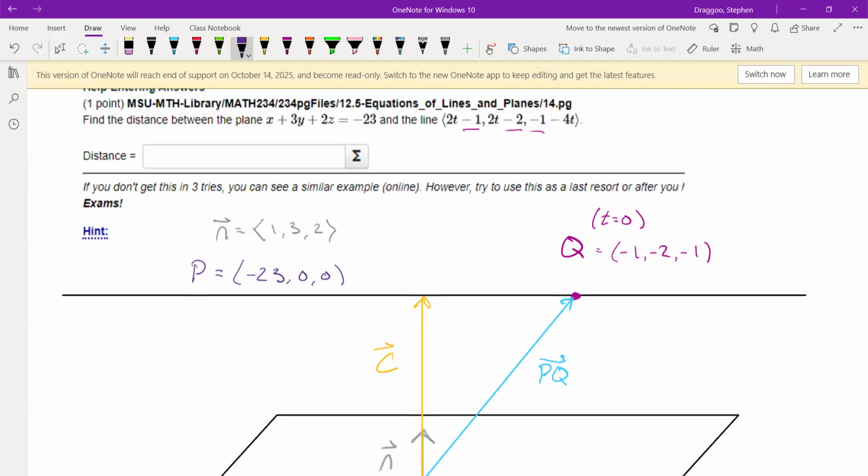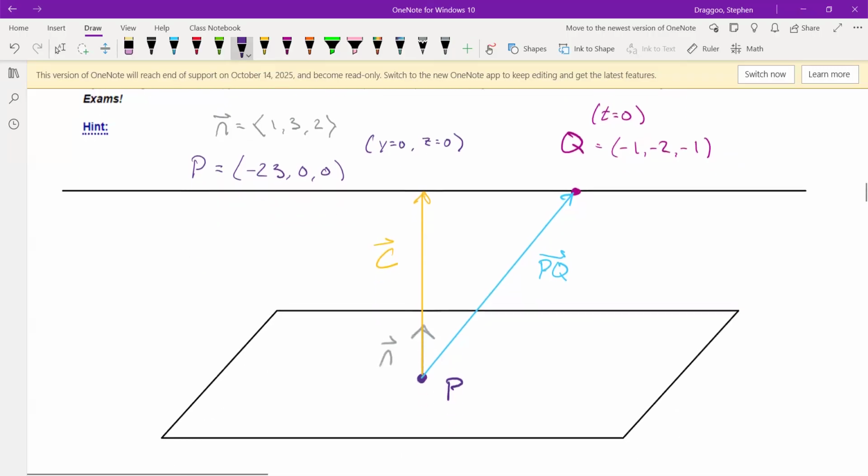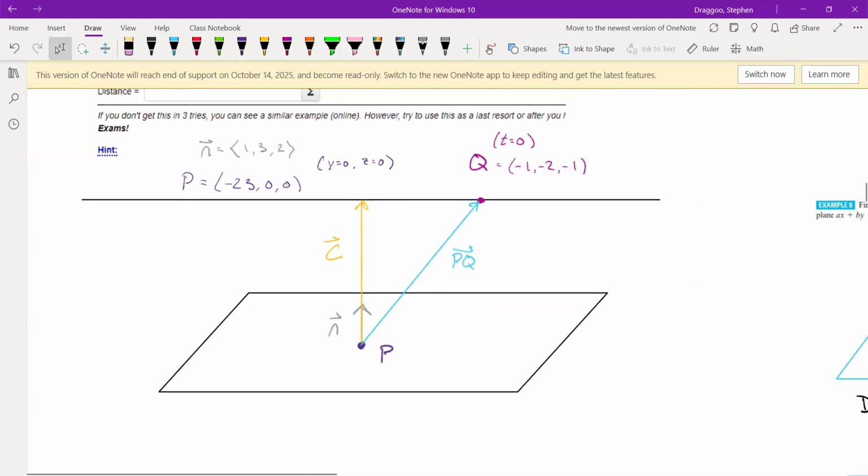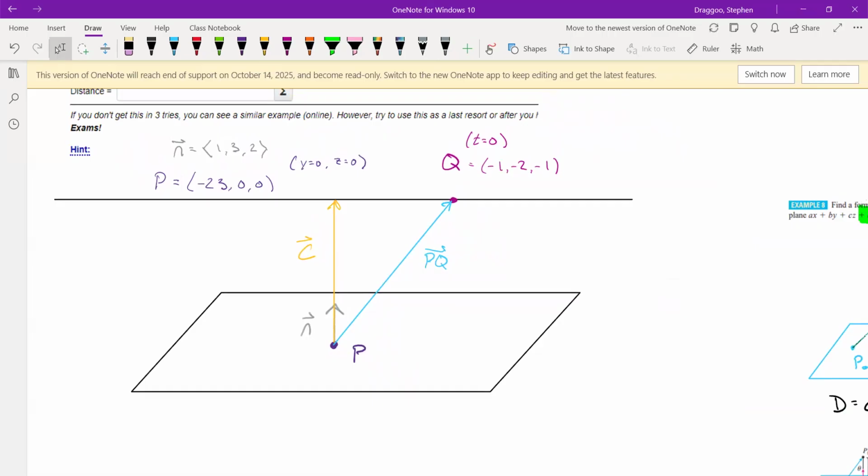Now, maybe writing down how I got that. I set y equal to 0 and z equal to 0, just because it looked like the math would be easier. So now I've just got to write down all of this stuff. I need vector PQ.